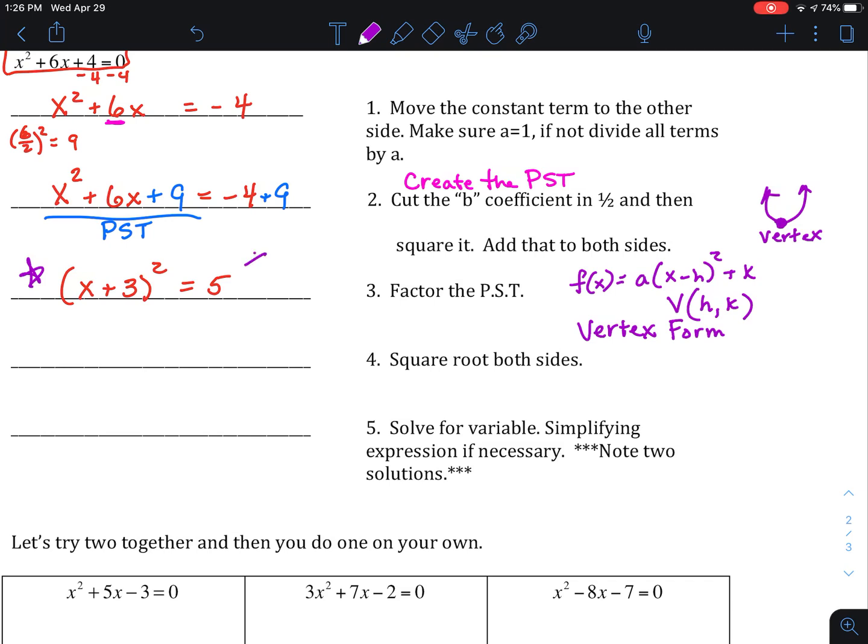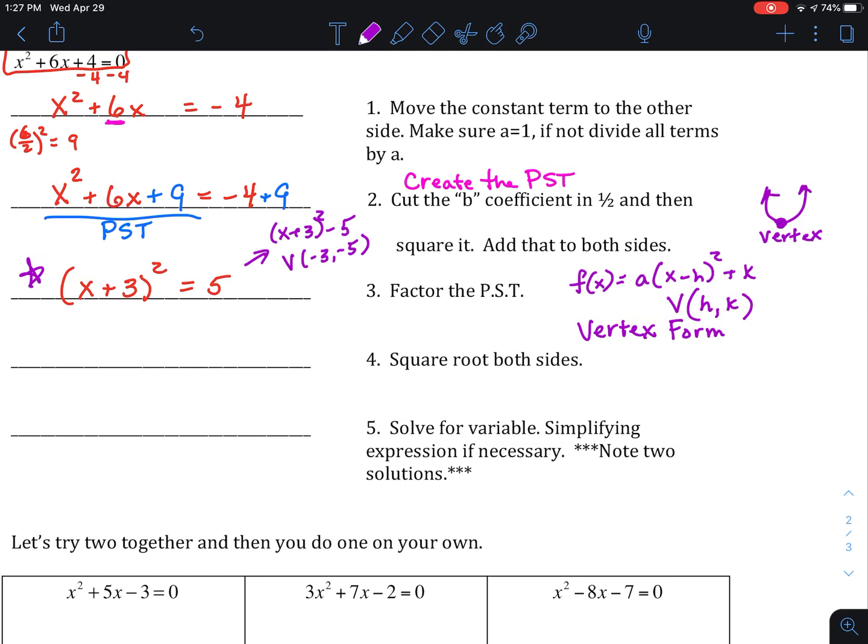For example, if we move the 5 to the other side, we get (x + 3)² - 5, and that looks an awful lot like the vertex form of a quadratic. So from this step, we can tell the coordinates of the vertex. The vertex would be at (-3, -5).